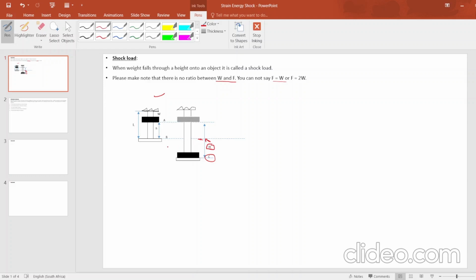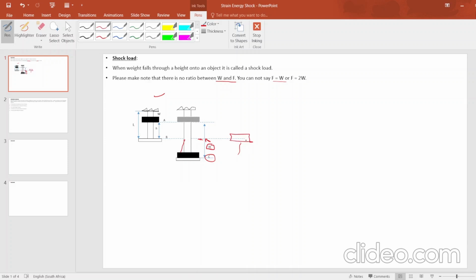Another thing we indicated is that this deformation occurs within Hooke's law. When we remove this load, the material has to go back to its shape and size.